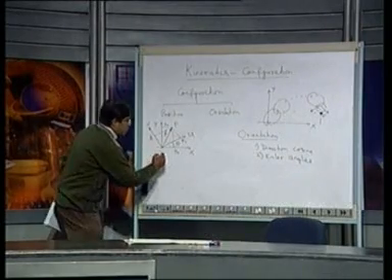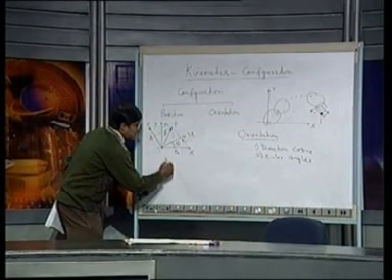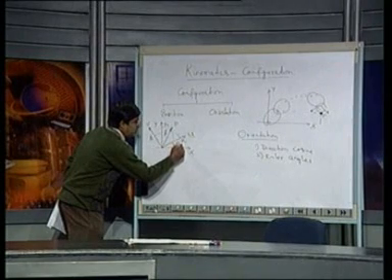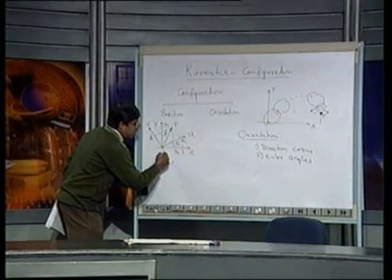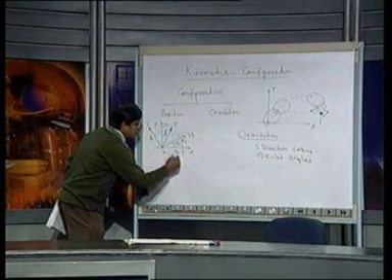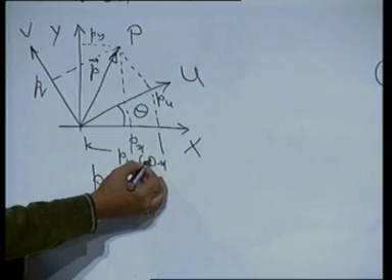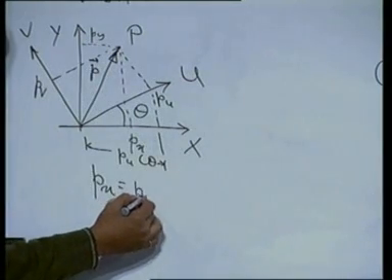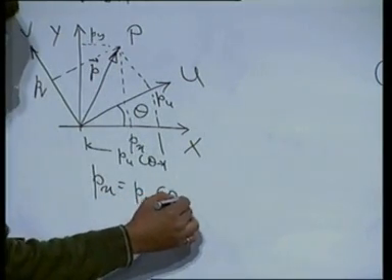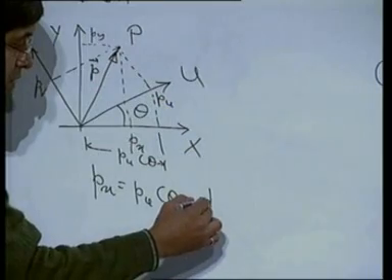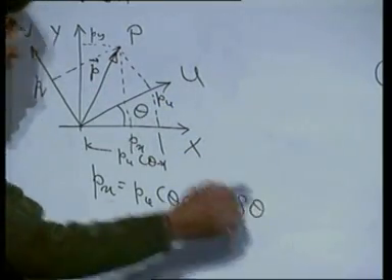Now, one could write P x is equal to P u cos theta, I am abbreviating cos as C, so cos theta means C theta. So, P x is P u C theta minus P v sin theta.